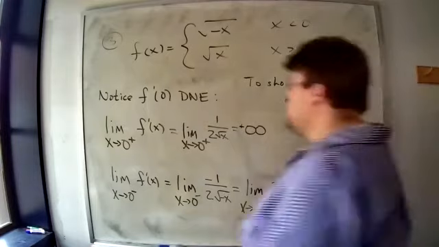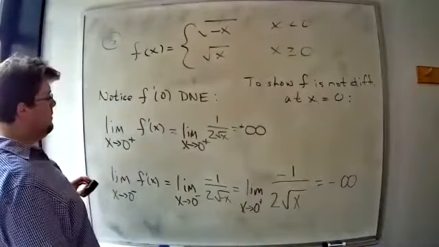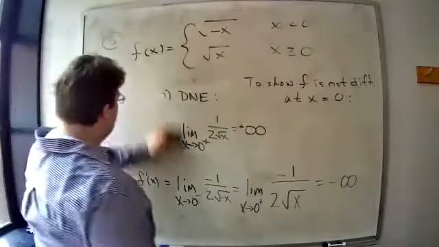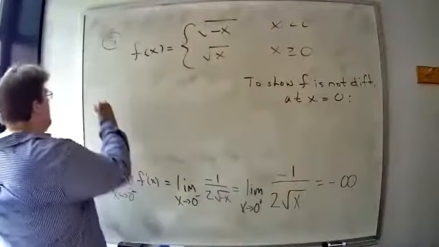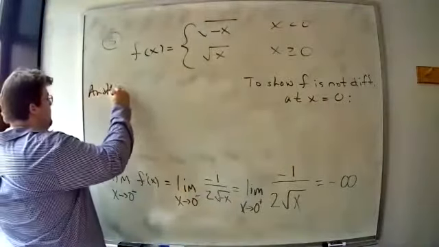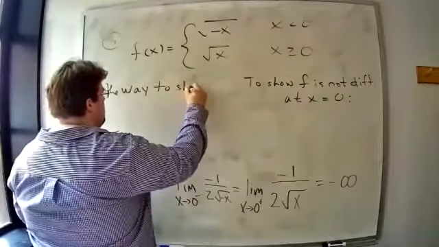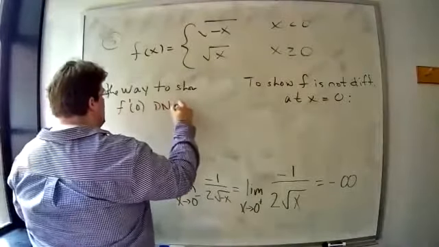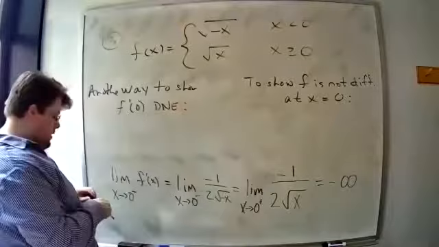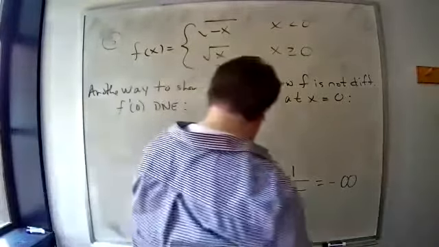Okay, so let's do it using the definition of the derivative at a point. So, another way to show f prime at 0 does not exist is using the definition of the derivative at a point.